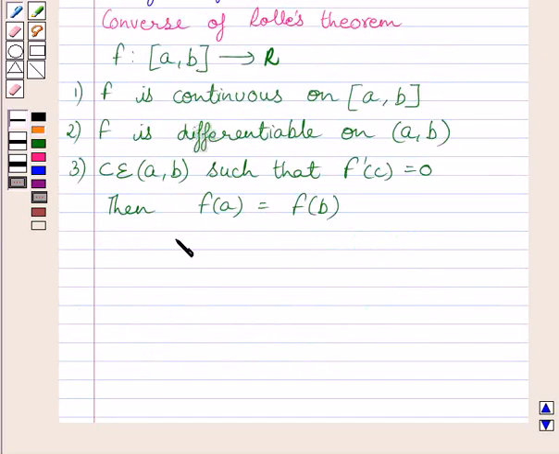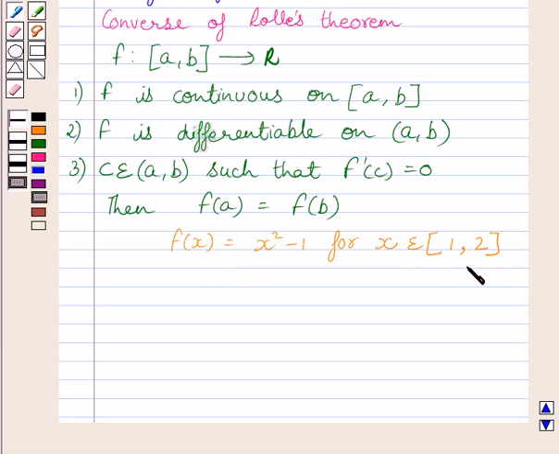Now in the given question, we are given f(x) is equal to x square minus 1 for x belonging to closed interval 1 to 2. We have already shown above that given function is continuous on closed interval 1 to 2 and it is differentiable on open interval 1 to 2.